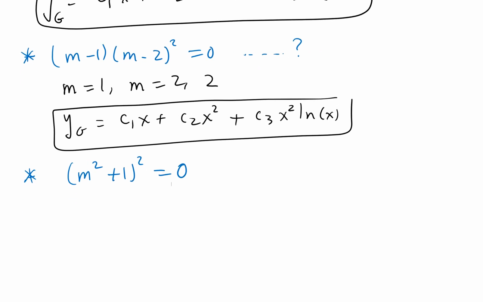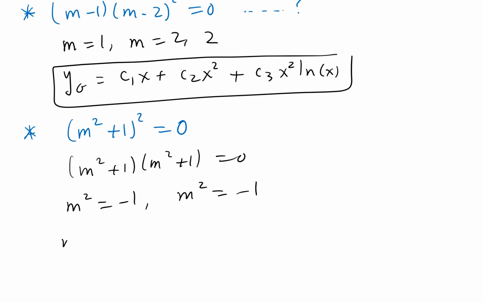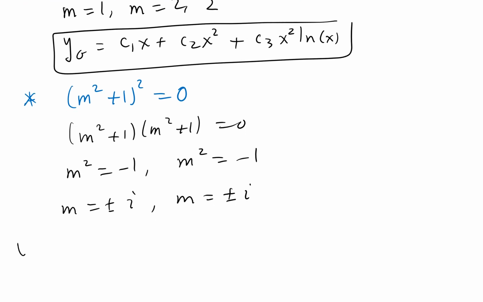For this one, it's m squared plus 1 being multiplied twice. If you want to solve it, m squared equals negative 1, then m would be plus or minus i. Plus or minus i. The general solution would be c1 cosine natural log of x plus c2 sine natural log of x.